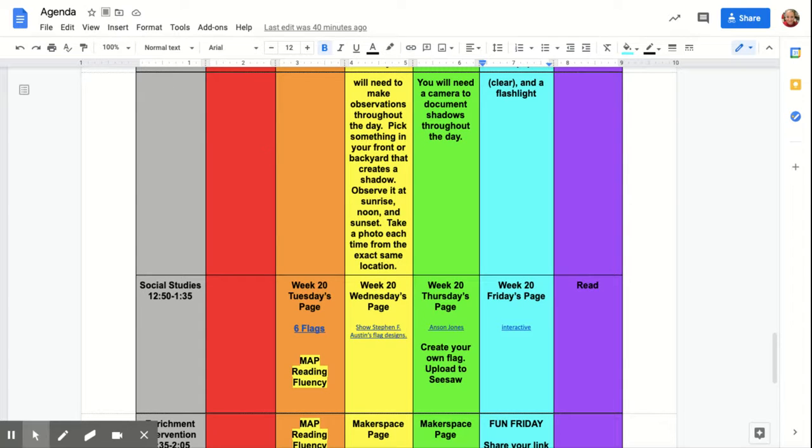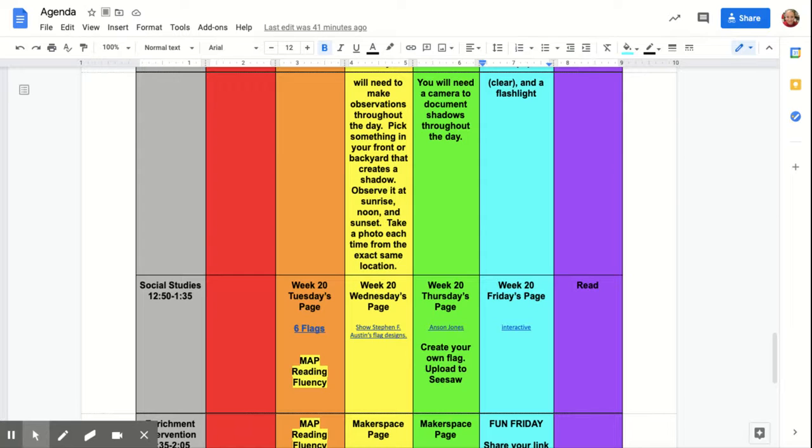And then please make sure that you go to your activities, and with your social studies week 20 in your Seesaw, please make sure your flag, we talked earlier this week, about the six flags that have flown over Texas.